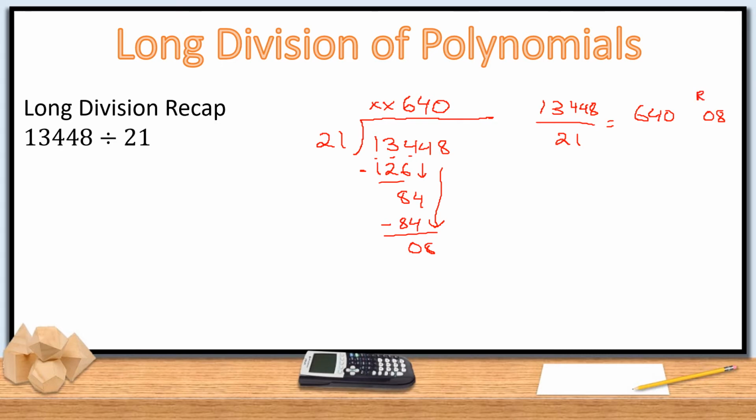Now sometimes you keep going and you would say, all right, at this point we would put in a decimal. So you have your 0 in here, comes down. How many times does 21 go into 80? It would be 3 times, so you would keep going. That would be 63, so that would be 17. Doesn't go into it, so you add another 0, 170.